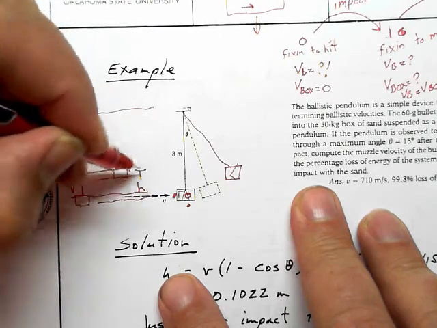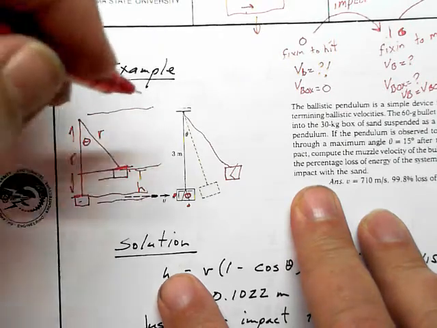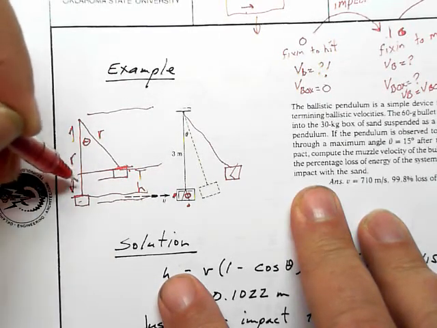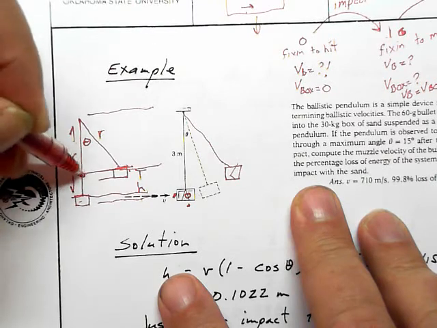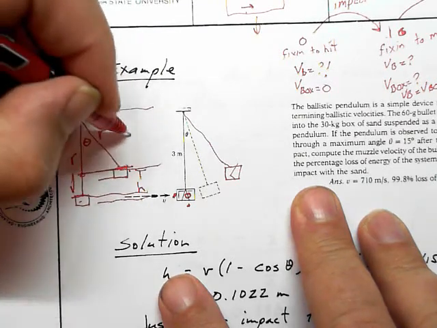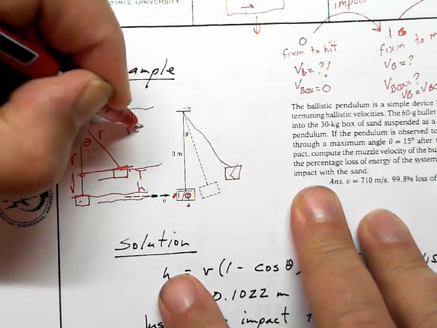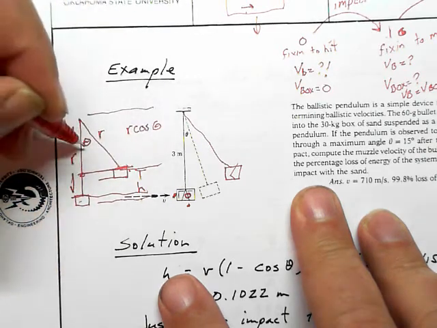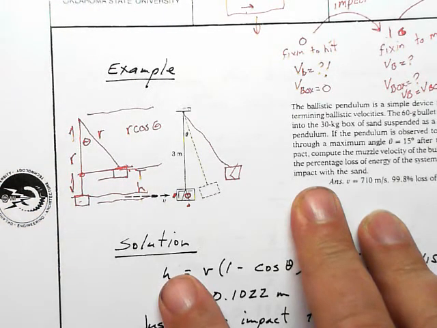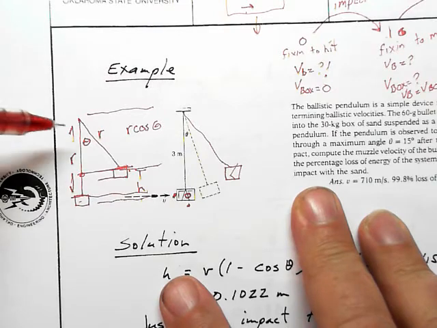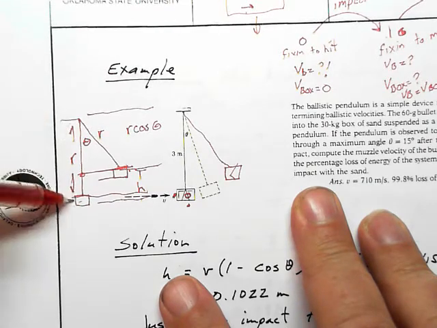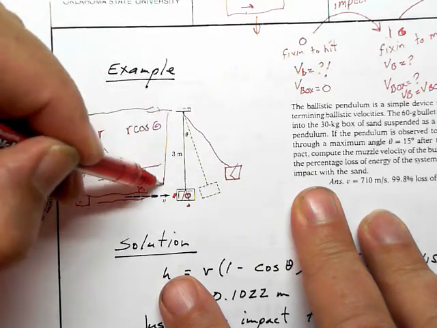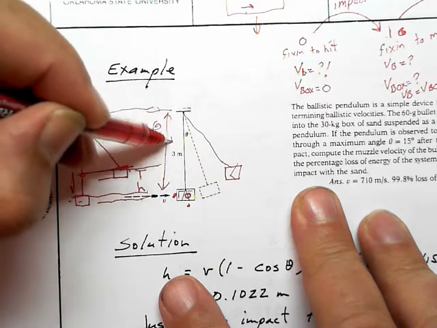But this distance right here, from the center point to that line right there, is r cosine of the interior angle theta. Okay? And this entire distance is r, which means this entire distance is r.